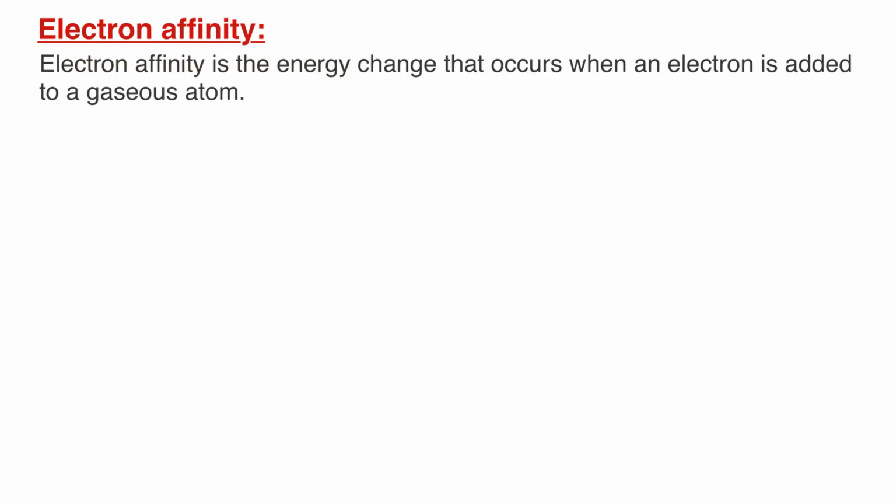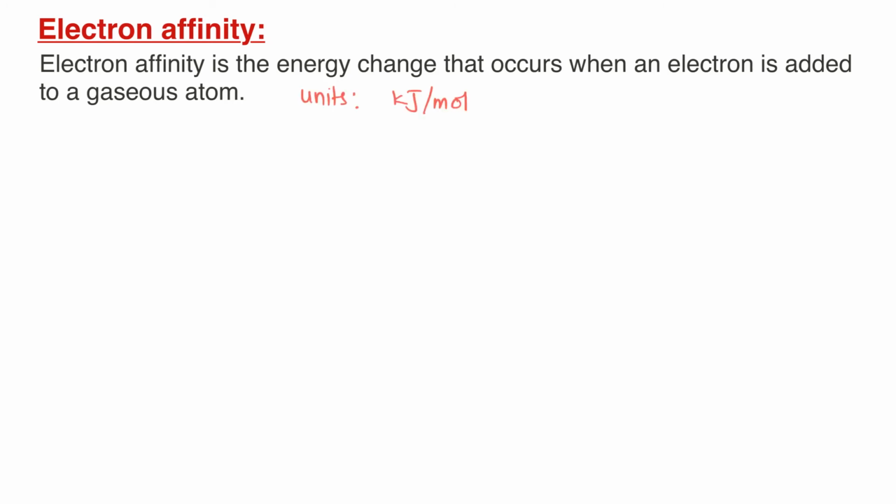The next periodic property is electron affinity. Electron affinity is the energy change that occurs when an electron is added to a gaseous atom. It is again measured in kilojoules per mole.